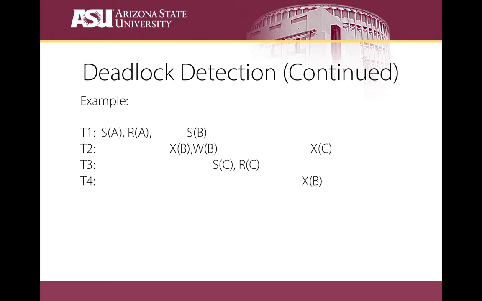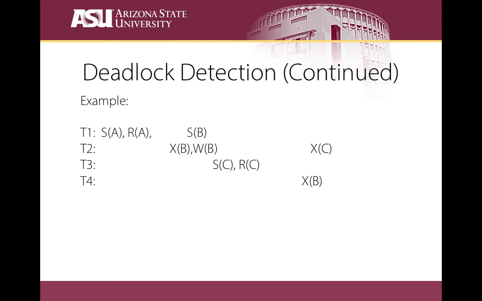Based on this, I want you to let me know how I can draw the waits-for graph here. So T1, T2, T3, T4. What is the waits-for graph in this case? Anyone? It's easy, right? Is there any edge between T1 and T2? Yes. So is T1 waiting for T2?